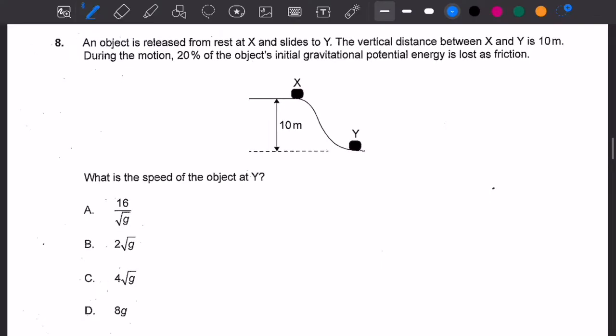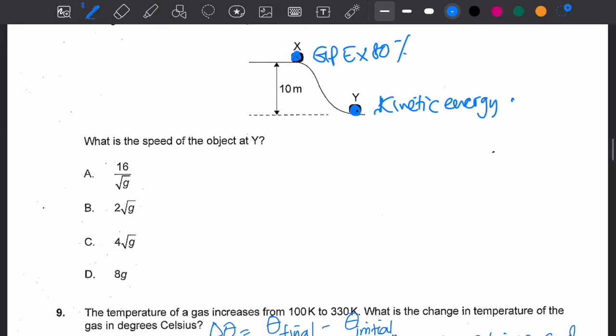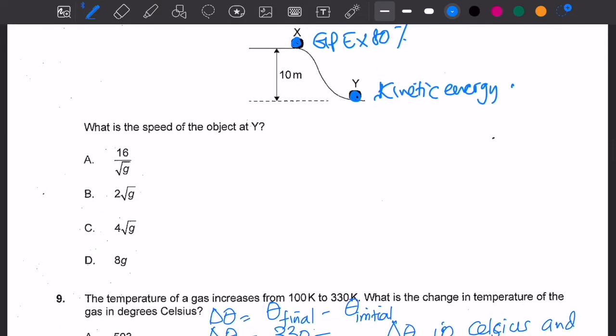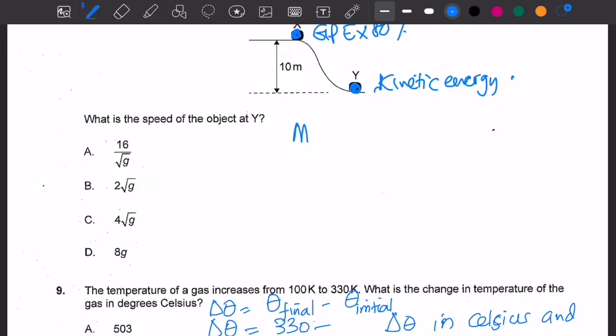Again, this is also a conservation of energy concept. Here we have gravitational potential energy because speed is 0, no kinetic energy. Here it converts into kinetic energy, but not all of it, only 80% of the gravitational potential energy changes into kinetic energy. mgh times 80% equals half mv squared.